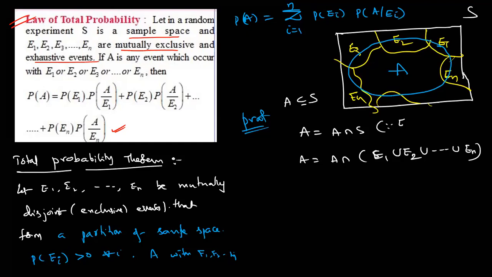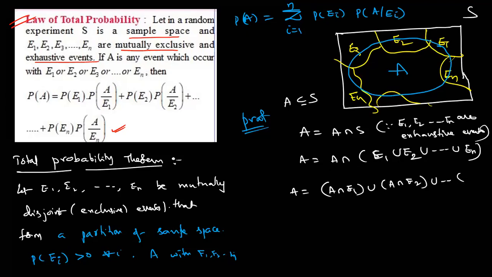So A is equal to A intersection E1 union A intersection E2 union and so on, A intersection En.